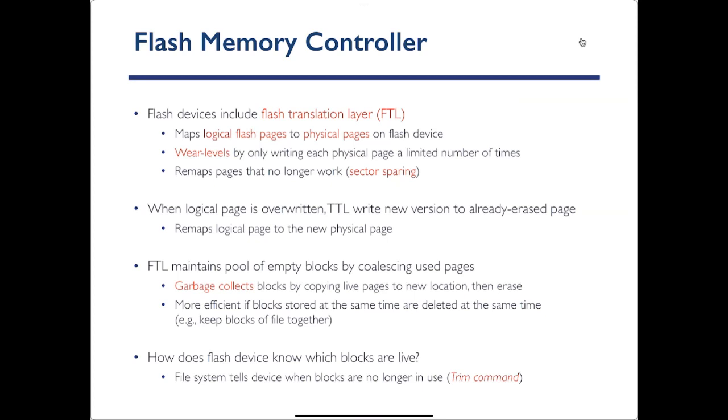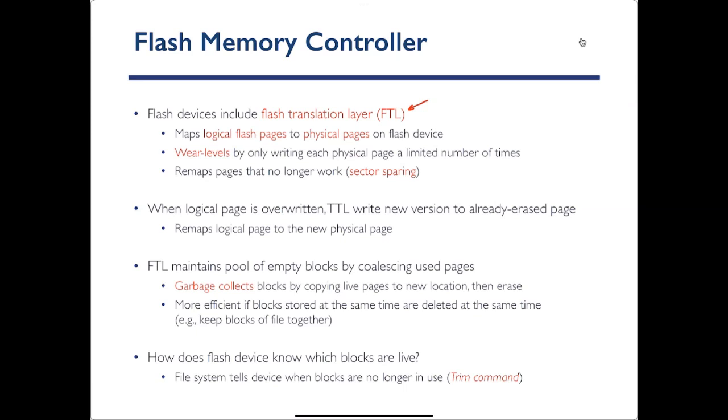We need this layer because, from the operating system's point of view, each file has been mapped to some flash pages. Where inside the flash these pages are, the operating system has no idea, because the controller, as we just saw, keeps moving pages around.